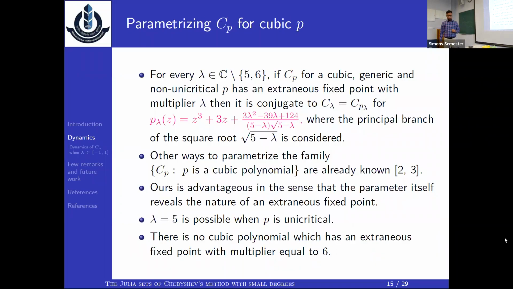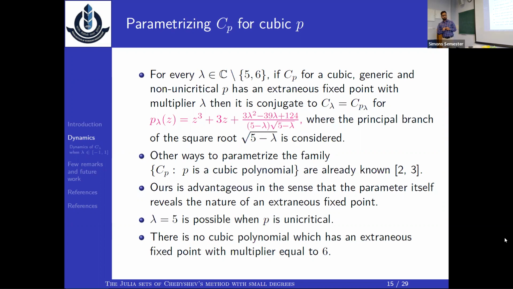Now we parameterize the family of polynomials. Since we have learned about the unicritical case and the exactly two root case, now we consider the polynomial to be generic, meaning no multiple root as well as not unicritical.